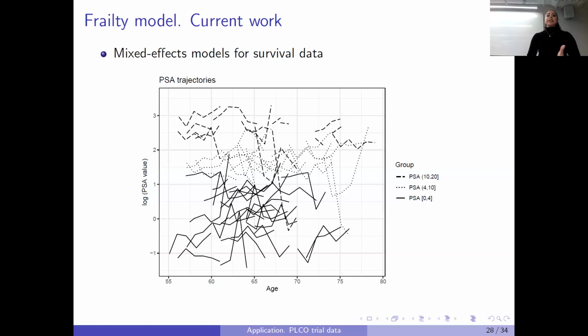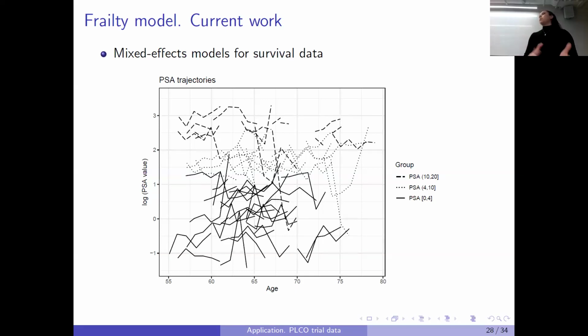A frailty model is a mixed effects model for survival. What a frailty model tries to do is to account for unobserved heterogeneity within the patient. So we thought, okay, can we use the PSA value to link it in a way that we can classify the behavior of the patient within the process?